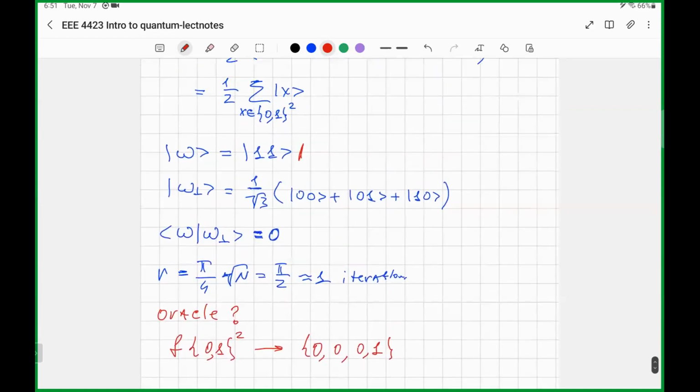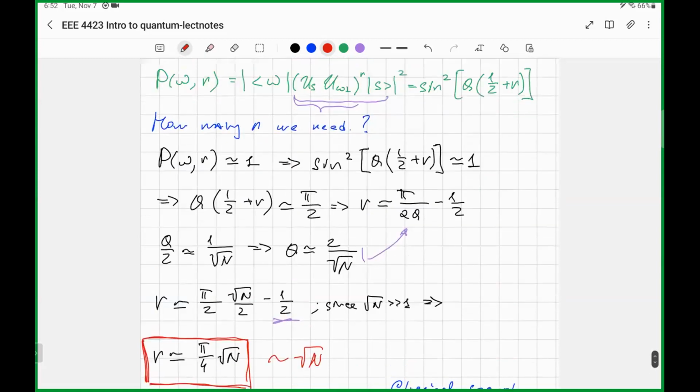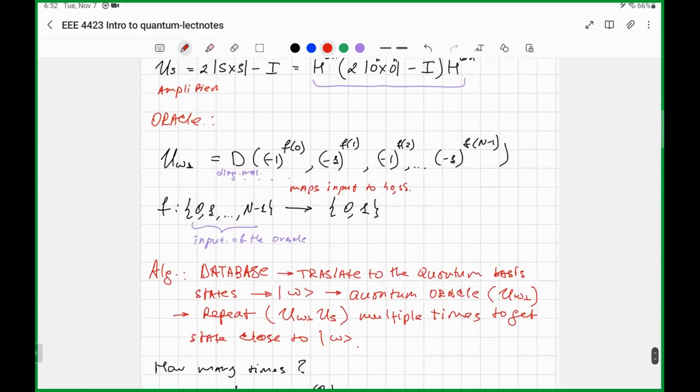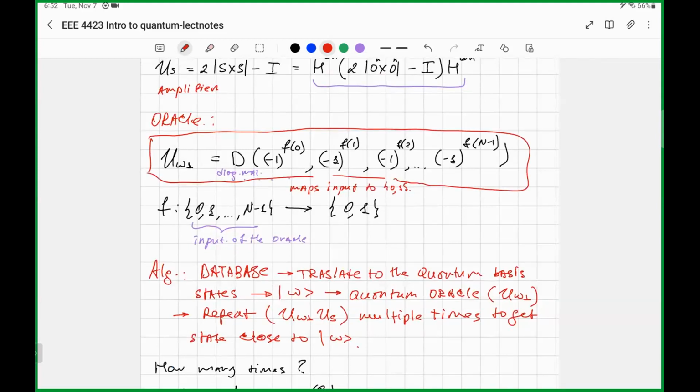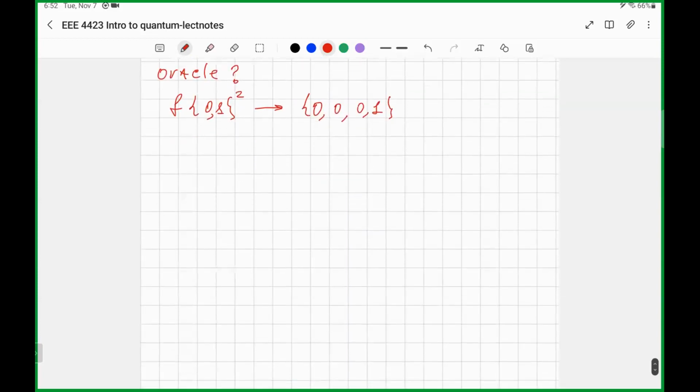And according to this recipe of creating the operators, I need to take a power. So the operator of the corresponding oracle will be a diagonal matrix with the elements -1 to the power 0, which is equal to 1.